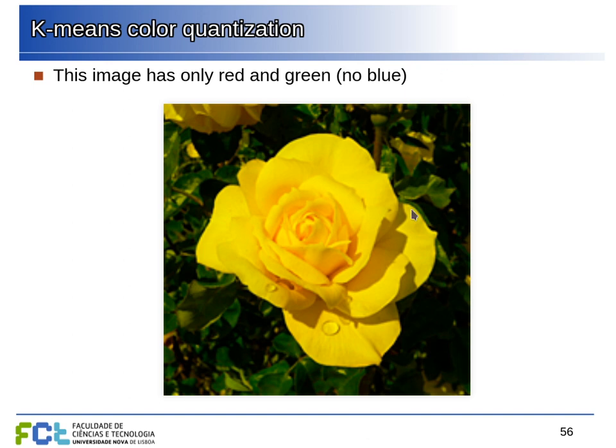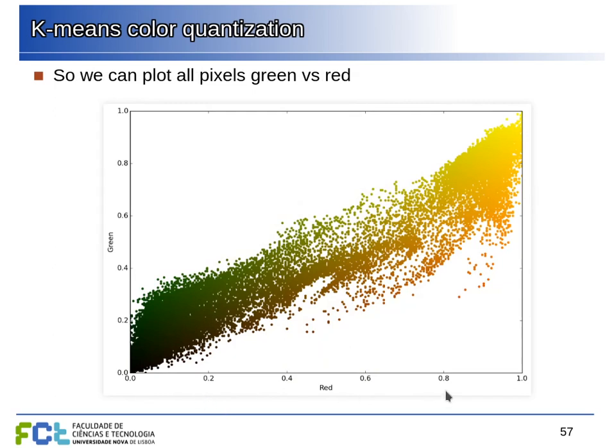So this is the image, and we can now take each pixel and represent it in a coordinate system, where we have red here in the horizontal between 0 and 1, and green here between 0 and 1. Since there is no blue, we are representing all the colors of all the pixels in the image.